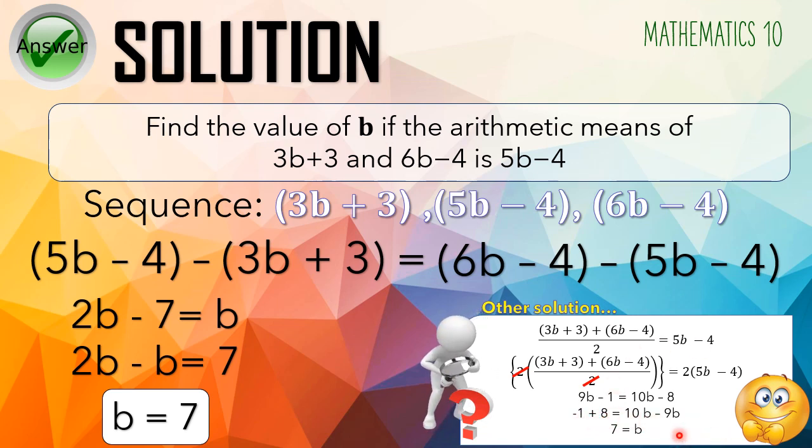And then on the other side, those terms with the variable b. So 10b minus 9b. And so I get negative 1 plus 8, it's 7. And 10b minus 9b, it's b. And so the final answer here is b equals 7. So we got the same answer. So any of the processes or ways here, you may use to find the value of the variable if the topic is all about arithmetic means as well.